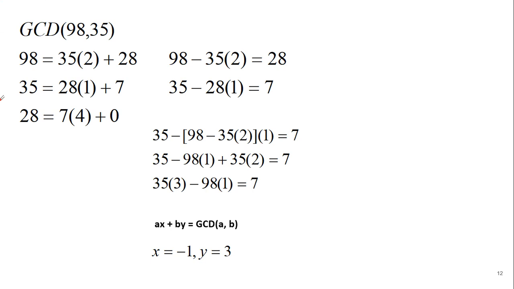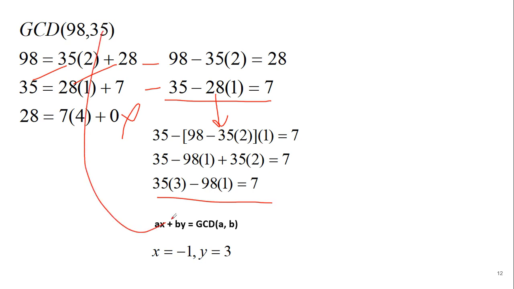Next, again a small problem: 98 = 35 × 2 + 28, 35 = 28 × 1 + 7, 28 = 7 × 4 + 0. We will arrange this, we will not take the last equation, we will start from here. Now we can substitute for 28, and when we solve we get this value.